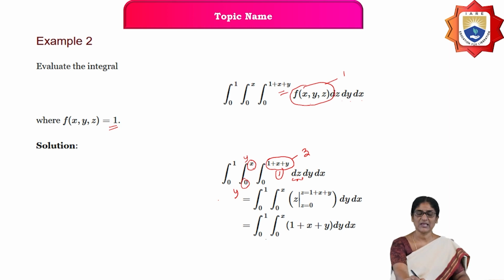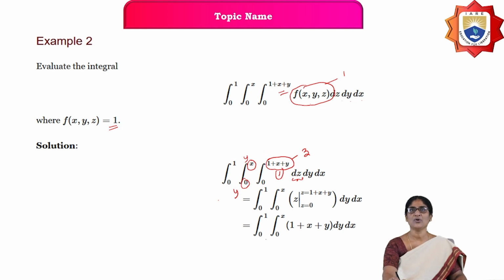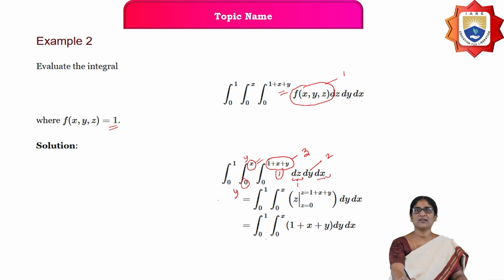Suppose at this stage y is there in the limits, then the second integration we need to do with x, because if the variable limits are in y, then they belong to x. In the same way, here as it is given as x, that means the second integral we need to do with y. Then at last the leftover integral, that is x, from 0 to 1.